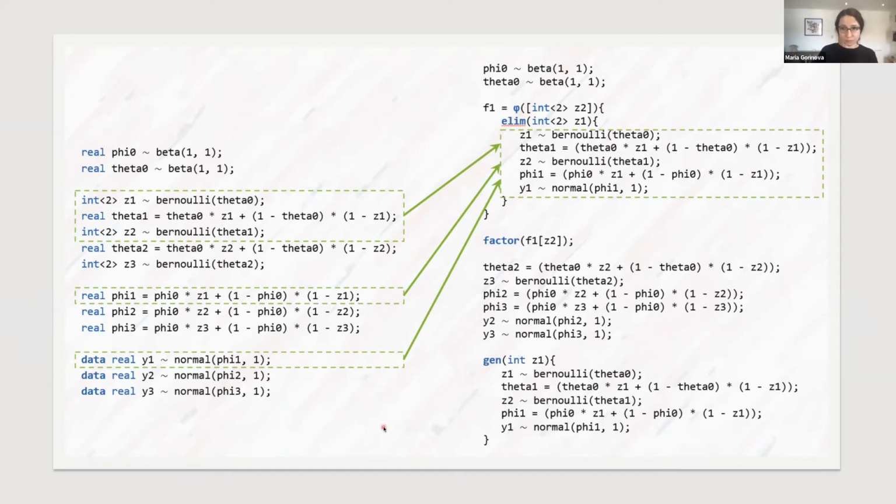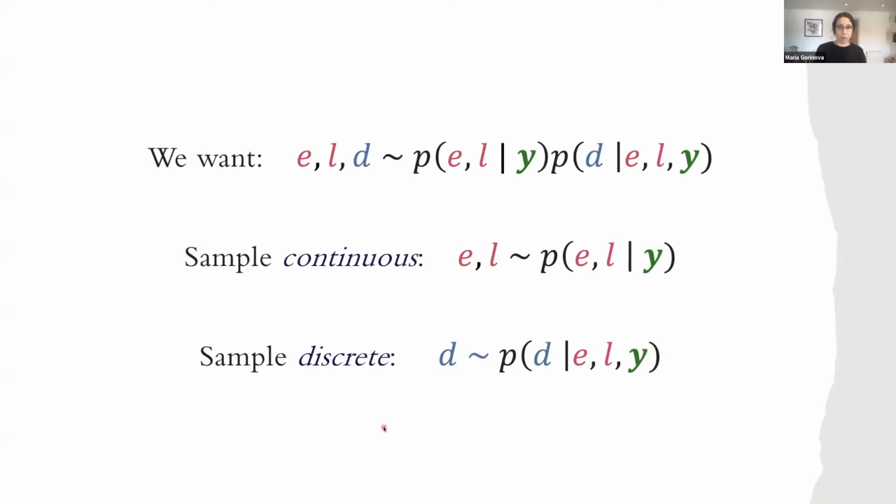Okay, so to recap all of this, we have some model with both discrete and continuous variables, and we want to sample both the discrete and continuous variables. But we want to do that efficiently. So what we do is we rewrite the program. We get essentially 2 programs.